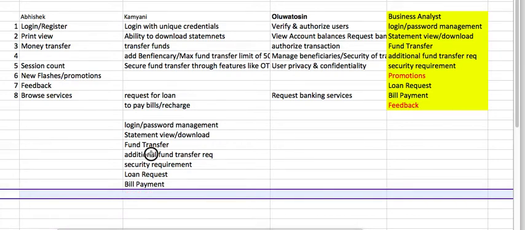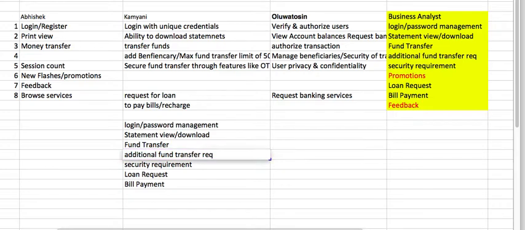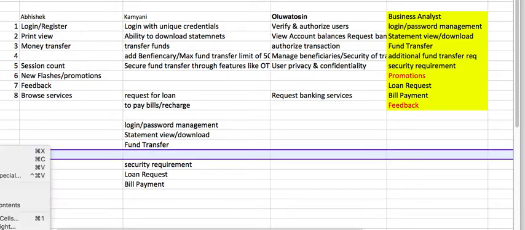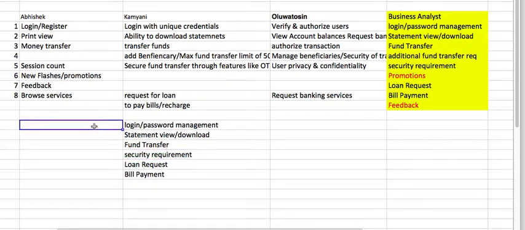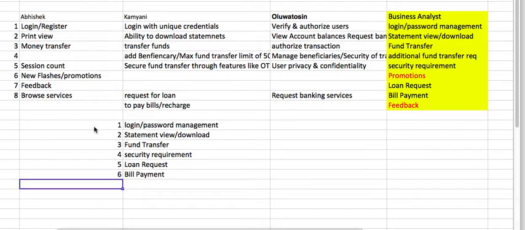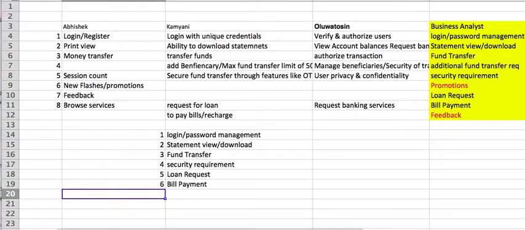And again, the additional fund requirement, I will add under the fund requirement itself. So let's not have this one, just put it as a fund requirement. When we discuss the fund requirement, we will accommodate everybody's needs. So these are your requirements, correct? You may find there will be 10-15 requirements, out of which you will have to scope them. So this is what you could consider.